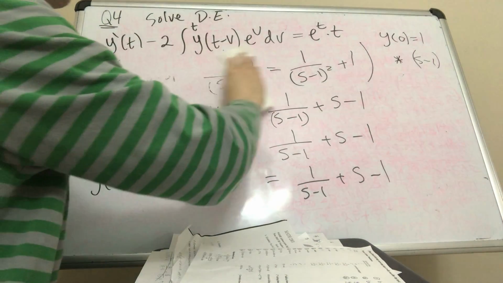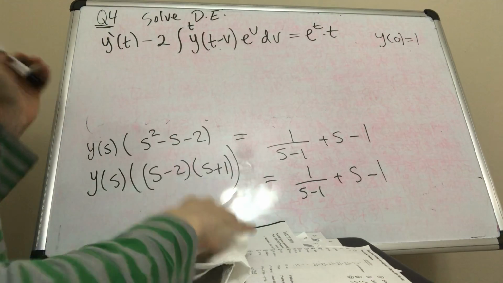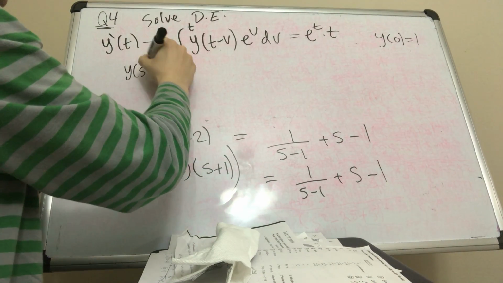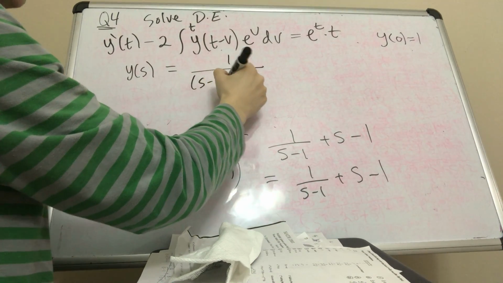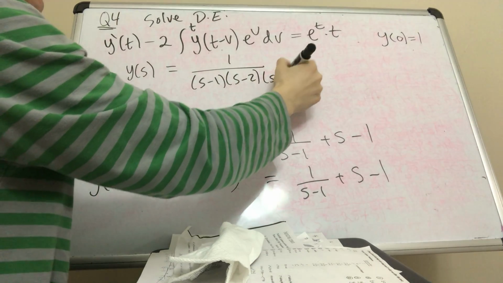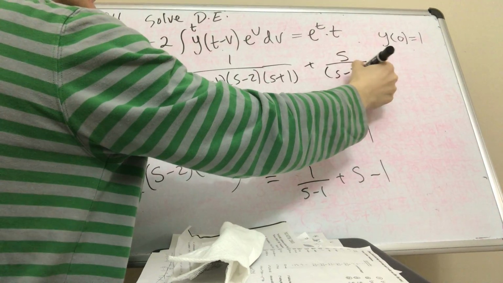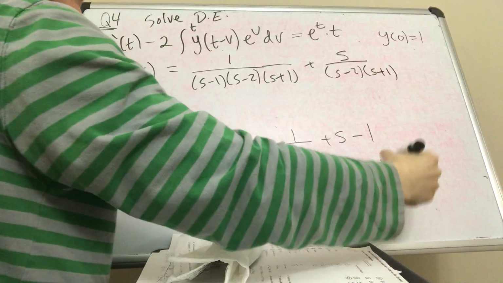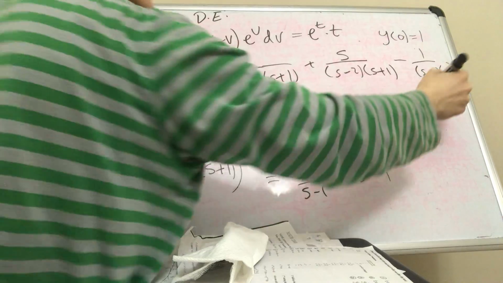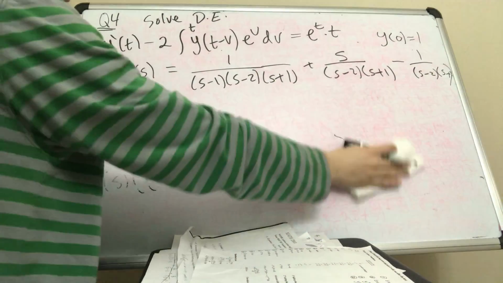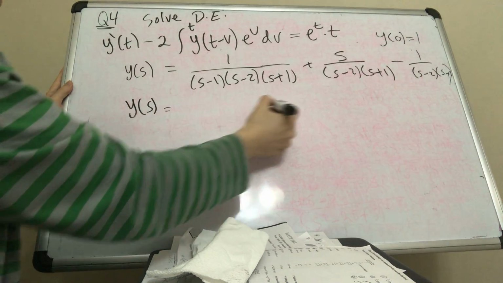In the next step, your y of s, you take this on the bottom, s minus 1, s minus 2, s plus 1. For this one, s minus 2, s plus 1. For this one, s minus 2, s plus 1. We can combine them into a common denominator, all of them.